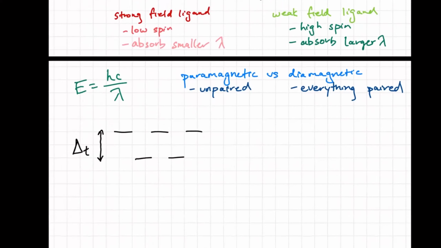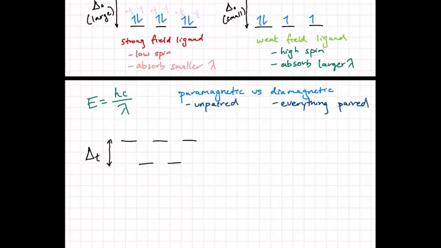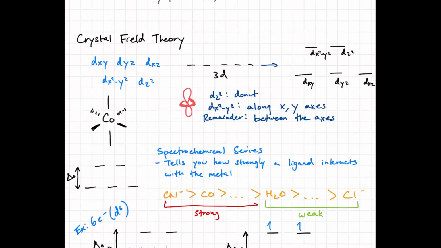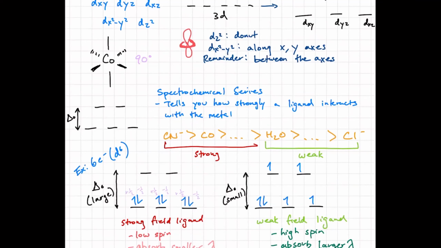She goes over this in lecture, but basically the orbitals don't have great overlap, because in tetrahedral, if you remember the angles from Chem 2A, the angles are 109.5, whereas the angles in octahedral are all 90. So the stuff we just did was octahedral, which is why I labeled it delta O, O for octahedral.